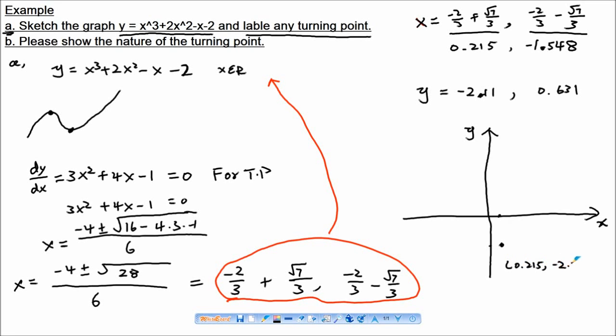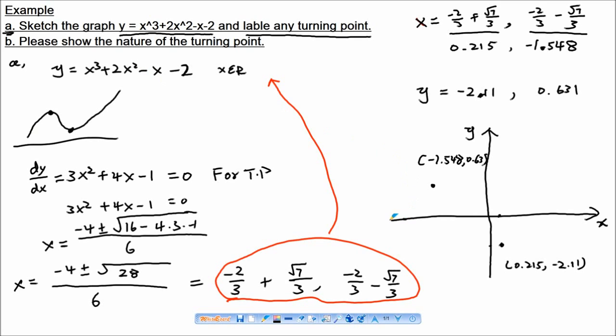The other turning point of this graph would be located at x equals minus 1.548 and y equals 0.63, somewhere there. And we already know the shape of the graph looks like that.